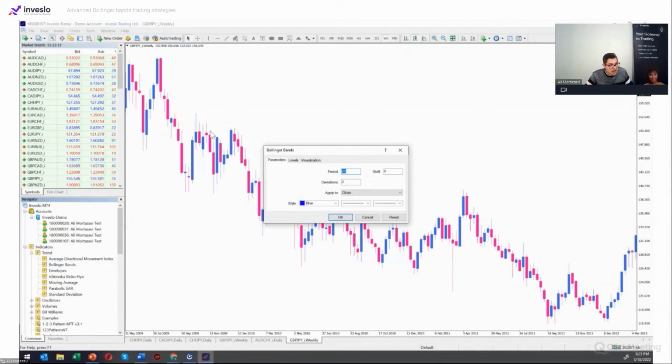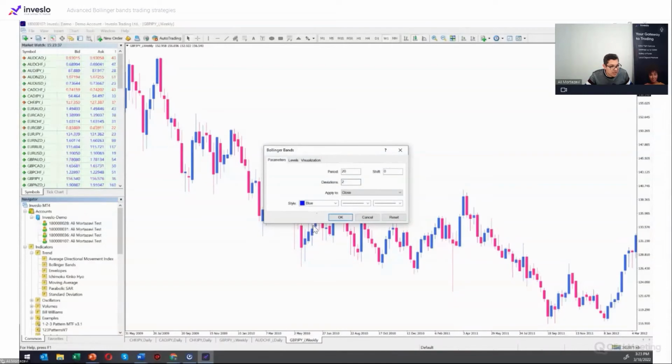Both are the same. And here you see we can choose our period and deviation. That's the width, or that's the variable number we use as 2 by default. And keep in mind that we are going to apply all these calculations on the close prices. By the way, you can choose between different prices, but for now let's just stick with the default setting.